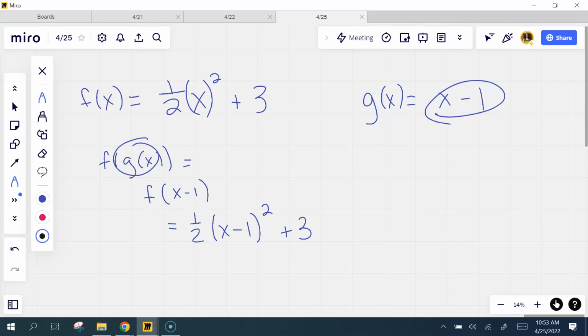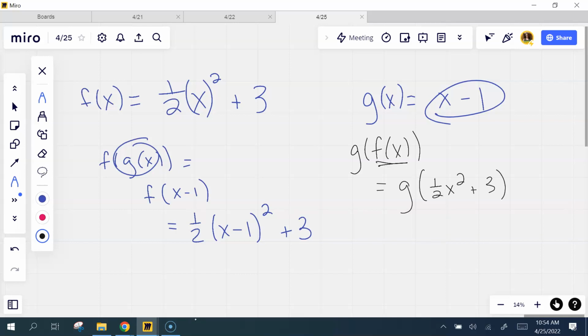Okay, so what is g of f of x? We'll always work inside out here. So furthest inside is f of x. So replace it. What is f of x? 1/2 x squared plus 3. That minus 1.